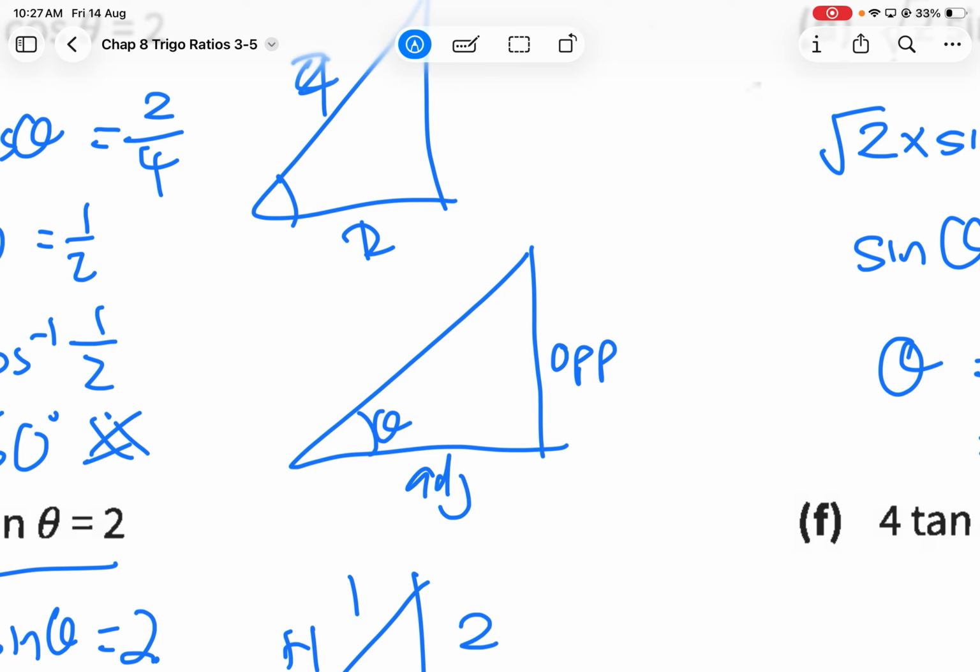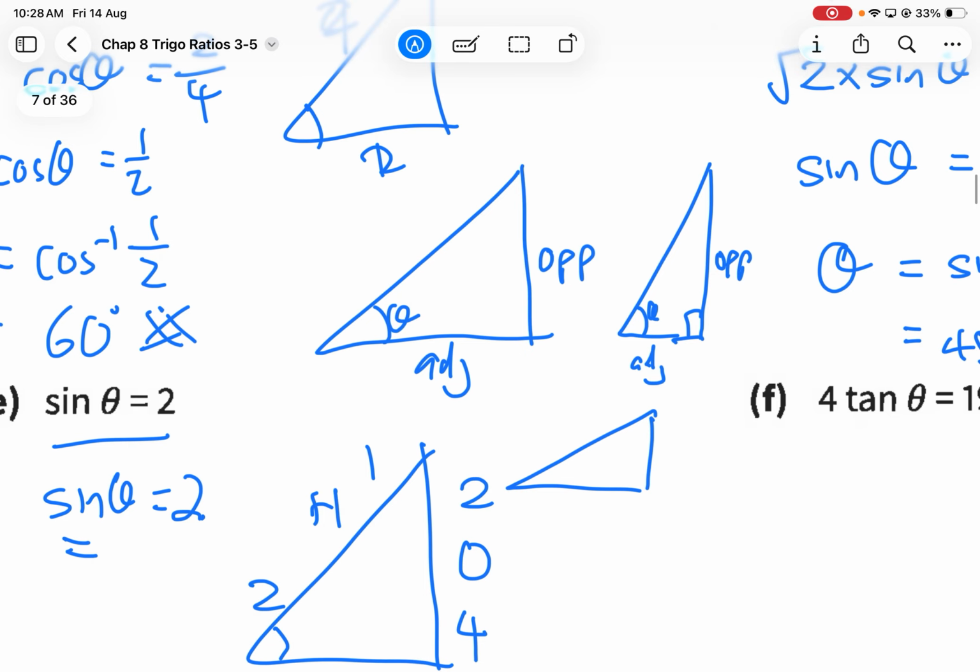Tangent is opposite over adjacent. My opposite, can it be longer than my adjacent? I have a right angle triangle. My opposite can be longer than my adjacent. Can be 2 times my adjacent. My opposite can be shorter than my adjacent.